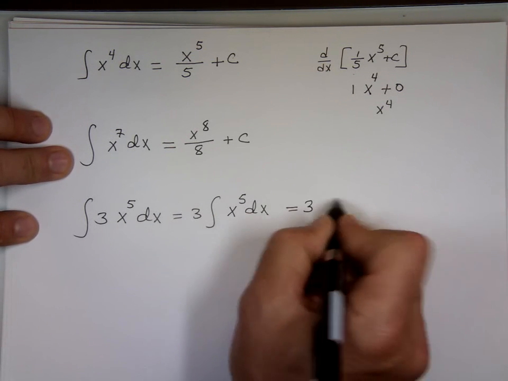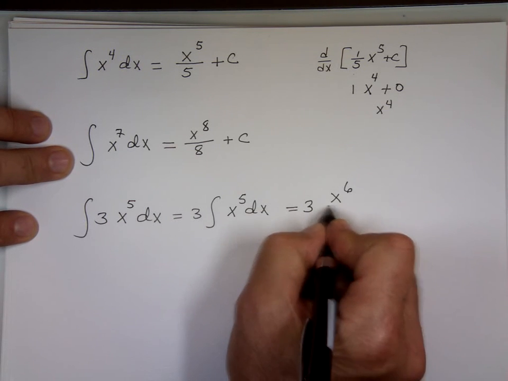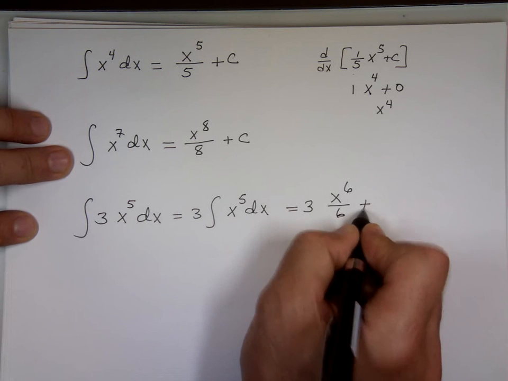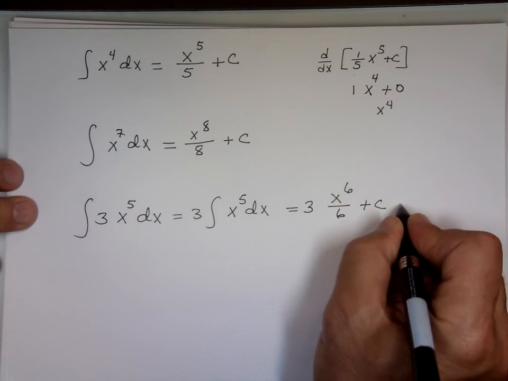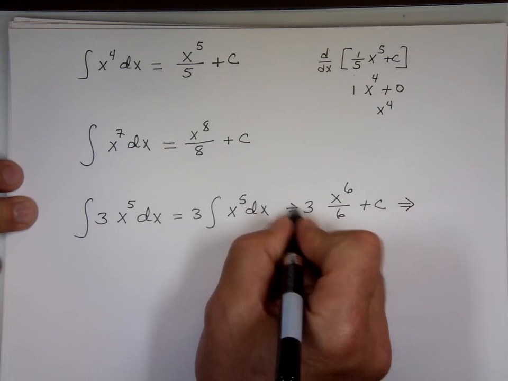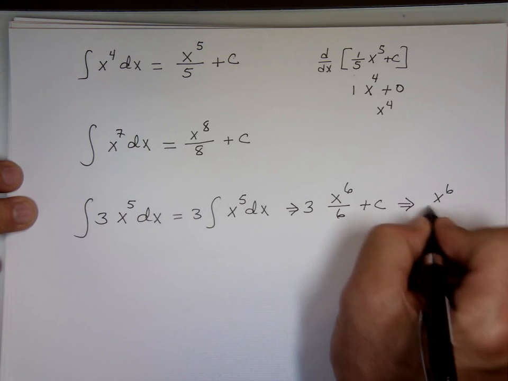Try again. X to the 6 over 6. And you always add a c. Not 3 times c. You don't need 3 times c, still c. If you simplify that, that would be what? X to the 6 divided by 2 plus c.